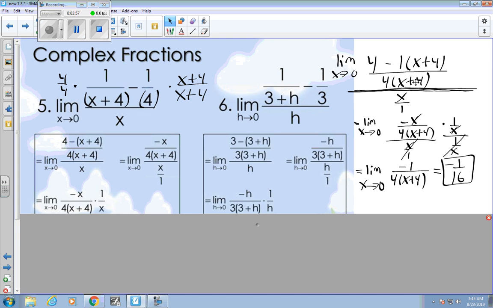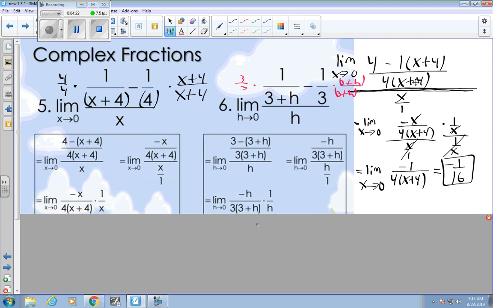Then you start getting common denominators. So you would multiply the left fraction by 3 over 3. You multiply this fraction by 3 plus h over 3 plus h. So the first step we have here, it sort of combines that all into one move, and then they start distributing that through.